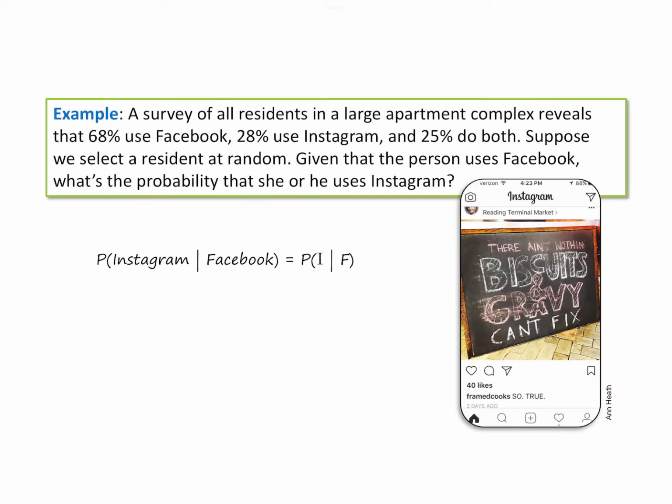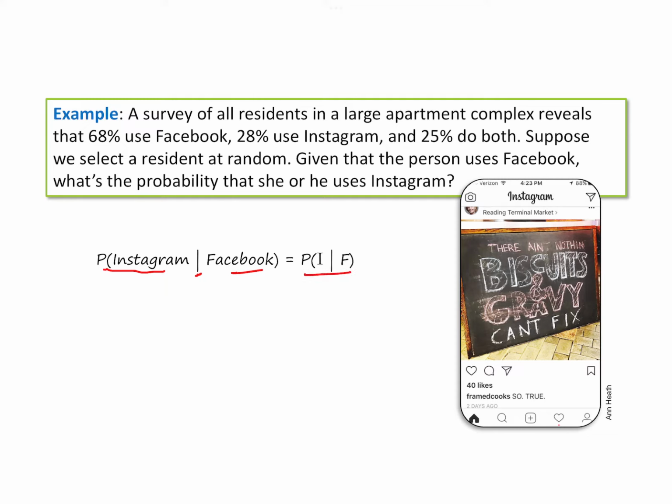Okay, so if we look at a couple examples, back to the one that we had in our first section, a survey of all residents in a large apartment complex reveals we had 68% Facebook, 28% Instagram, 25% both. We select a resident at random. Given the person uses Facebook, we want the probability that he or she uses Instagram. So we want the probability that we use Instagram given Facebook.